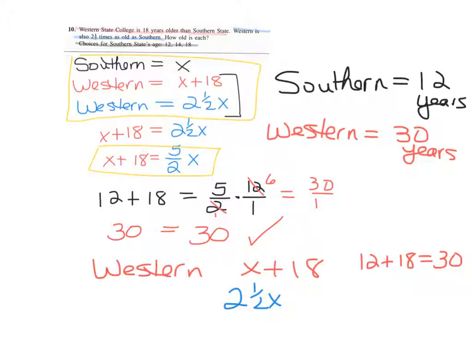Now, if the first one didn't work, then you're going to go back and you would try 14. If 14 didn't work, then you'd go back and plug in 18 until you find which one of the domain values will satisfy and solve this problem. When you're solving these word problems, I don't want a different variable for Southern and a different variable for Western.